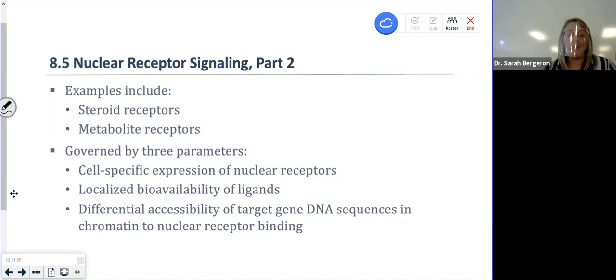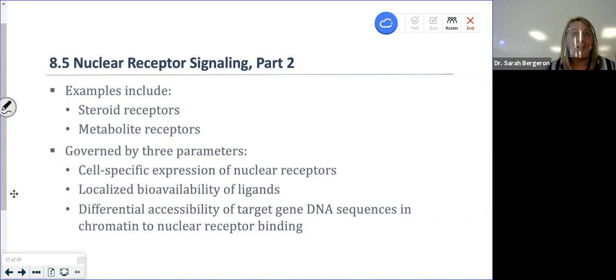Then we also talk about bioavailability of our ligands, right? Are we going to always express estrogen, for example? No, right? You have different levels of it at different times and in different males versus females, right? And then each of those transcription factors has a place on the genome where it acts. Is that location accessible to the transcription factor or not?